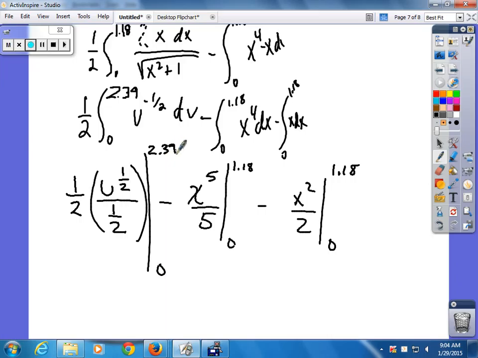But if you change this back to x, if you change it in respect to x, what can you change this back to? 1.18. So I don't care how you do it. It don't matter to me.